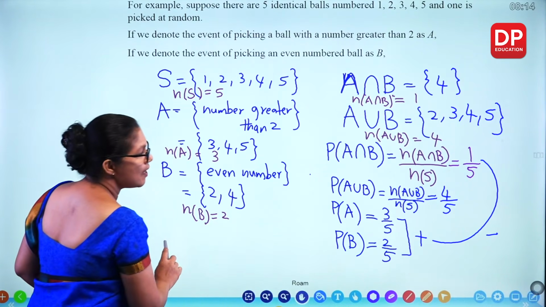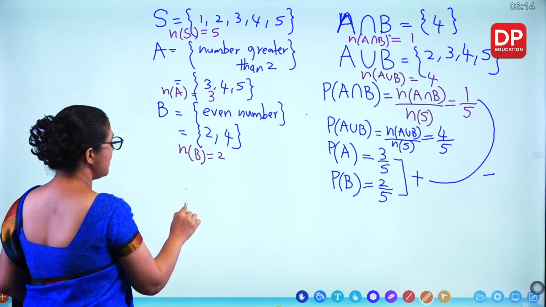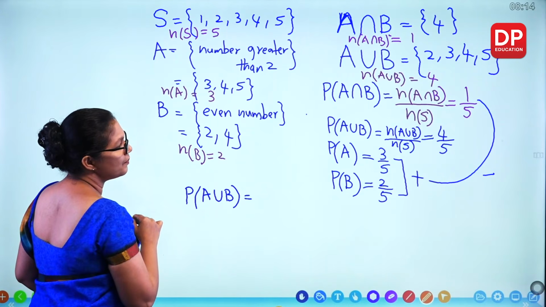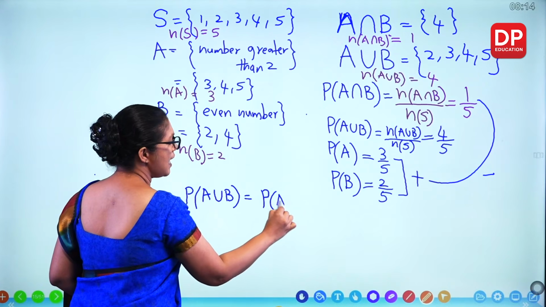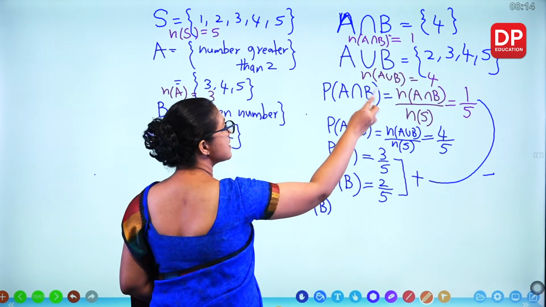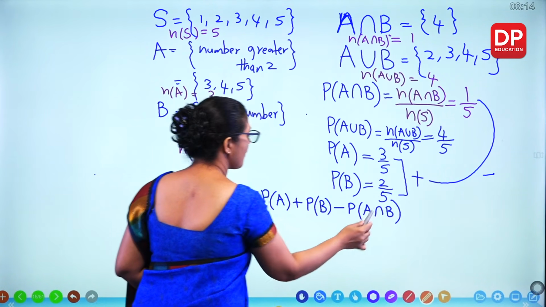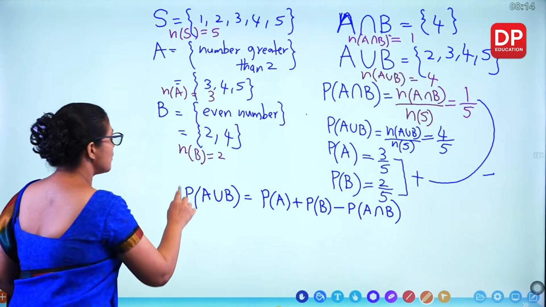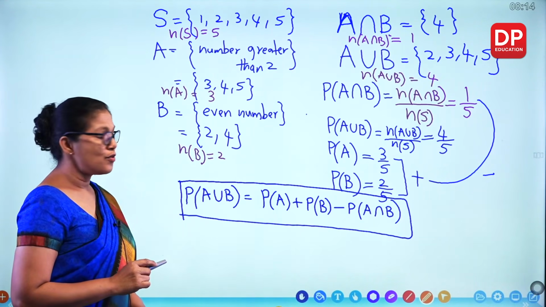You can get the union value: A union B is equal to 4 over 5, which is equal to probability of A plus probability of B minus the intersection, and that is the same as probability of A union B. So this is a formula that you need to know.